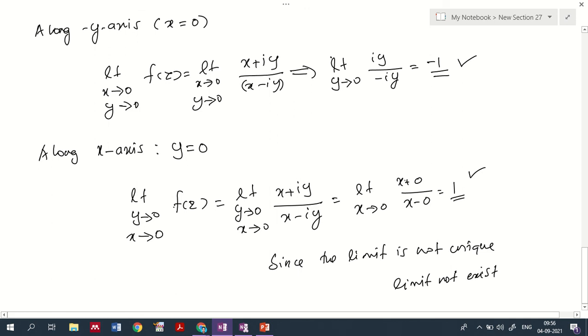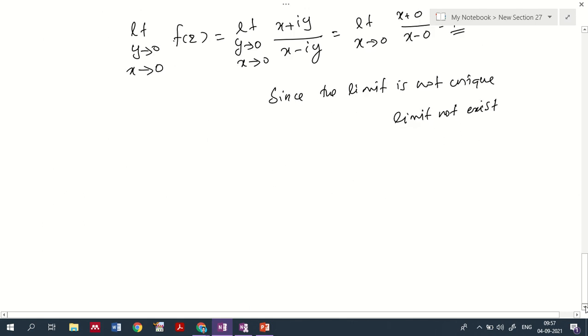Hope you understood, because if the limit exists, both the values should be equal, either 1 or -1. Then only we can say that it is a unique limit. So we'll examine the next case, then you'll understand much better, I think.